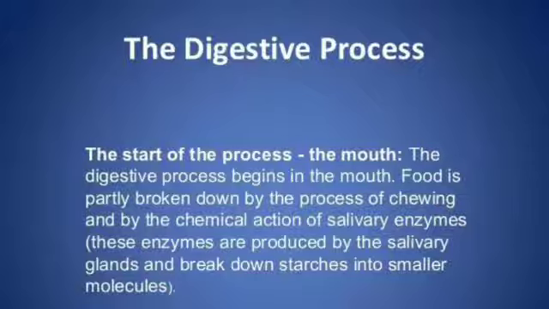The process of digestion begins in the mouth itself with the help of teeth, and the remaining portion of the digestion gets completed in the stomach with the help of dilute hydrochloric acid, bile juice, pancreatic juice, and also some enzymes. There the food gets broken down into smaller pieces.